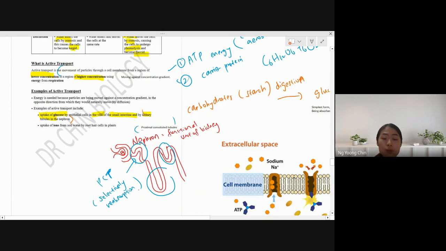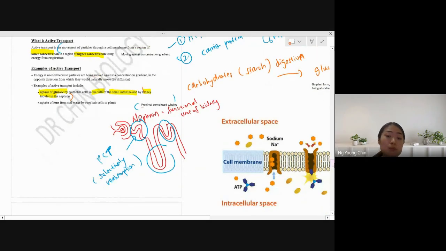It means they will reabsorb some neutral molecules or water or any kind of particles from the urine filtrate, which is found inside the kidney tubule, into the bloodstream. So in this process, about 100% of the glucose found in the urine filtrate is absorbed back into the bloodstream. 100% of glucose.